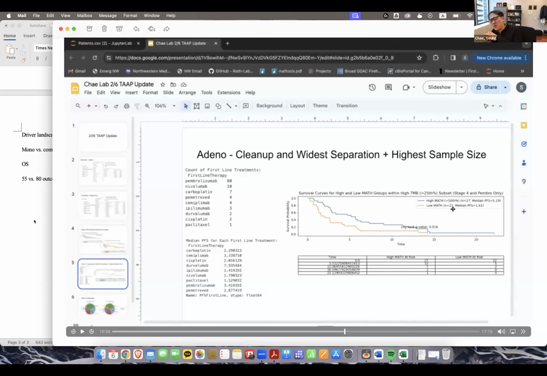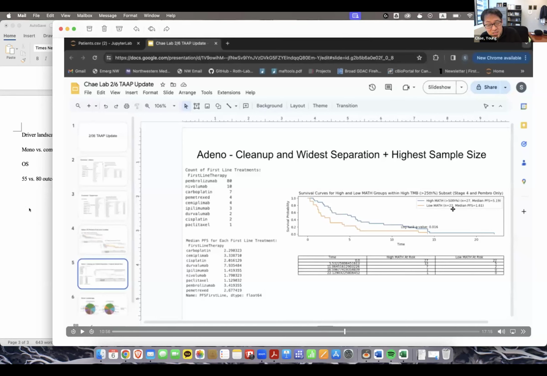So as a pure description paper: yes, we used this Tempest data to analyze this, and this is what we're seeing. By the different TMB cutoff and different math cutoff, this is what we're seeing. And we'll leave it up to the readers to decide what meaning to make out of it.